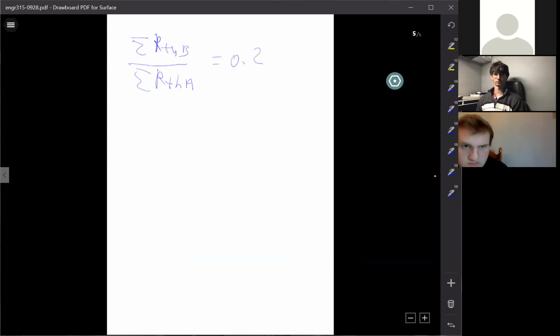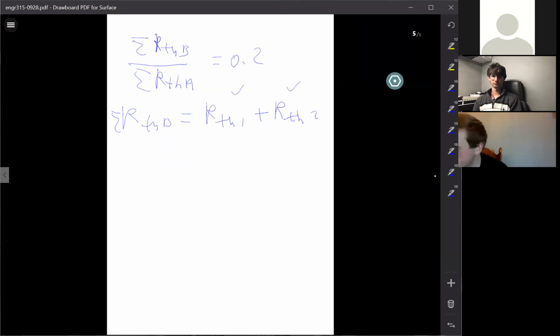B is without insulation, A is with, right? So without, it's RTH1 plus RTH2. Both of them are given. Okay, it's just conduction, right? The two materials.